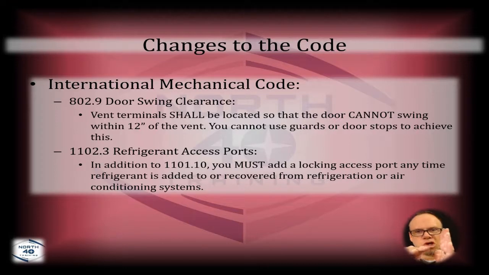Even though code allows you to be within 12 inches of the door, as long as it doesn't hit it, it is hitting it. It doesn't say you have to be there. Manufacturer says you could put it here where you can open and close the door and it's still going to work just fine, right? They're not telling you you shall be that close to the door. They're saying you can be.